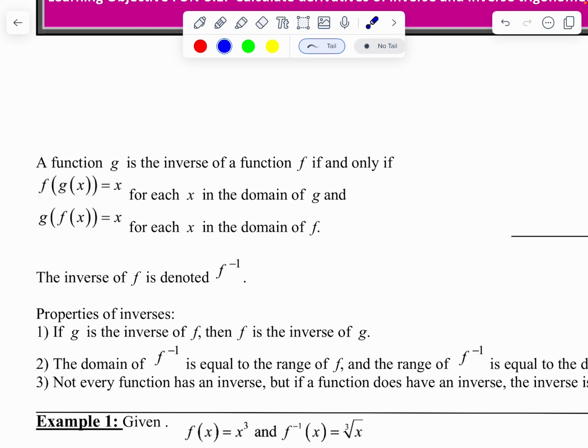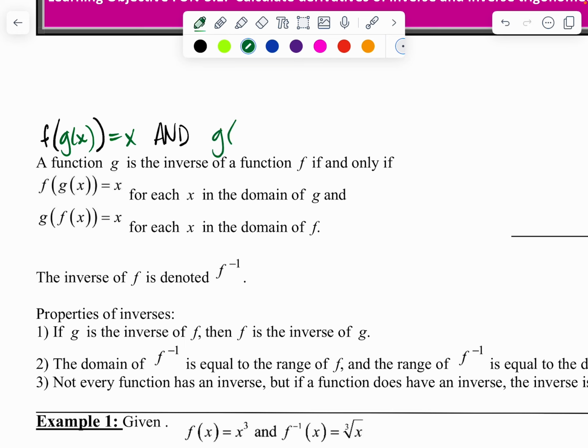Now, this is a composite function where we have taken g of x and plugged g of x into f. And if that equals x, and also if g of f of x equals x, then we have inverse functions.